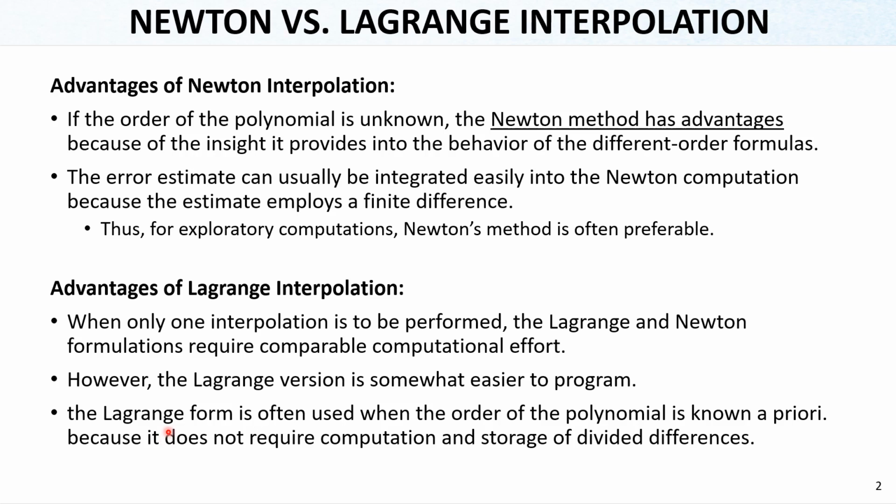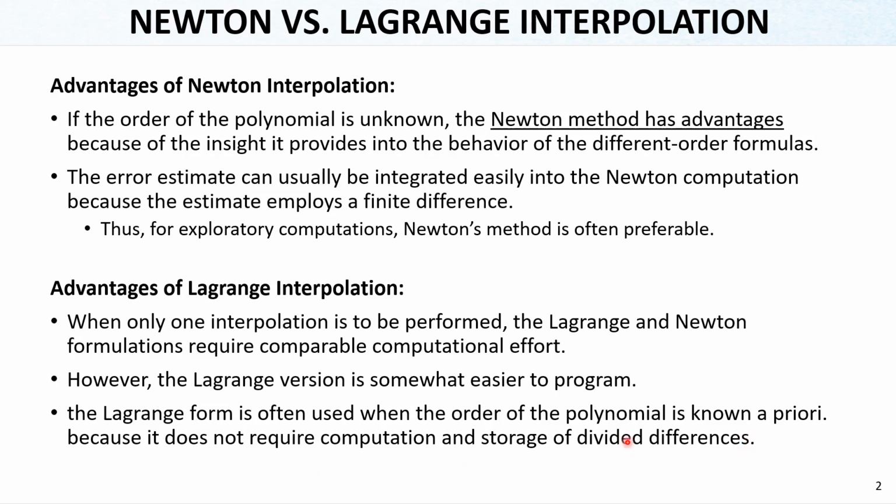And the Lagrange form is often used when the order of the polynomial is known a priori. So if we know the polynomial order, or if from the beginning we set the order of the polynomial that we want to use in the interpolation, then Lagrange is more preferable because it doesn't require computation and storage of divided differences.